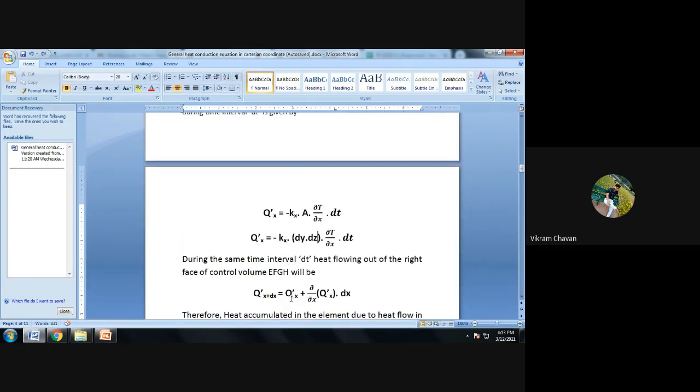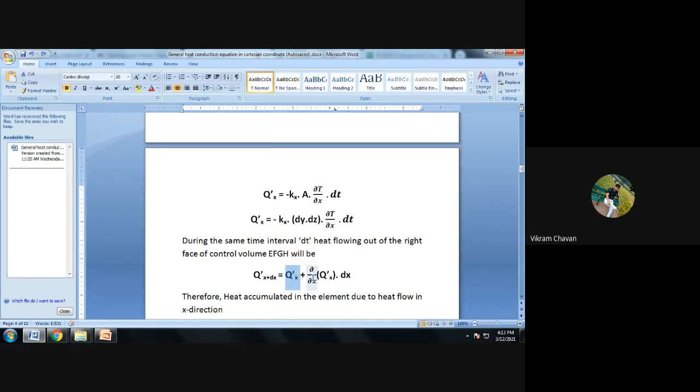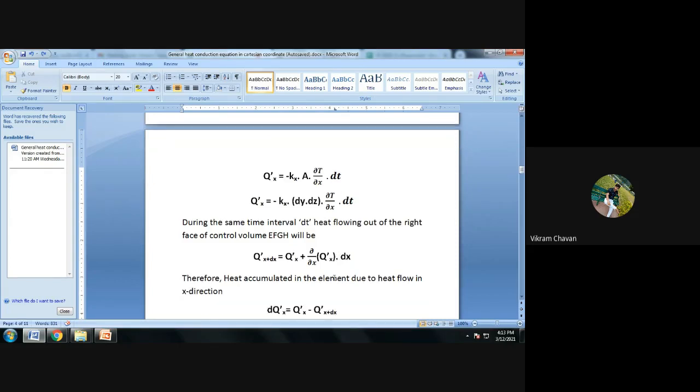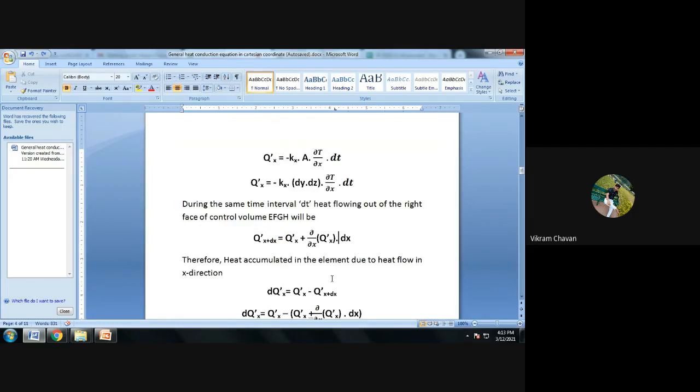So the initial heat is q dash suffix x, and the change in that initial heat entering the element is the differentiation of q dash x with respect to x, and the total change in heat we will get by multiplying by dx. Therefore, if we want to find the net heat accumulated, we have to take the difference between how much heat has entered and how much heat is leaving the element.